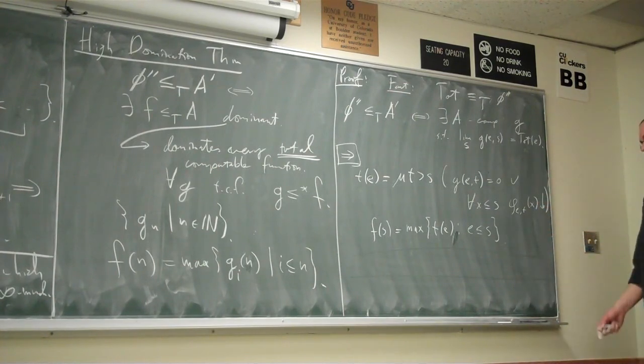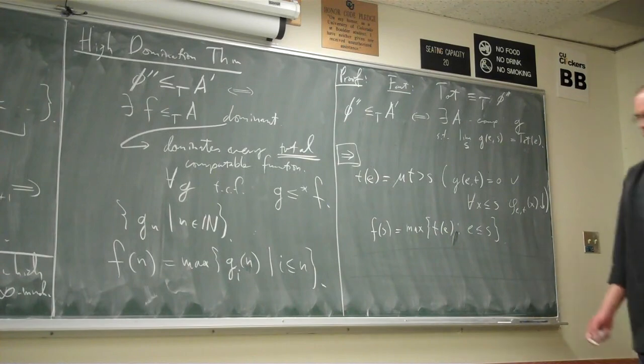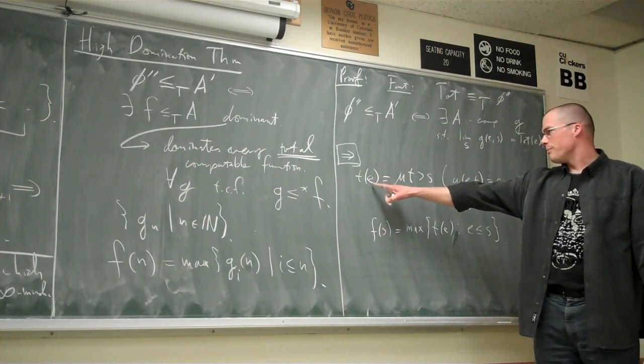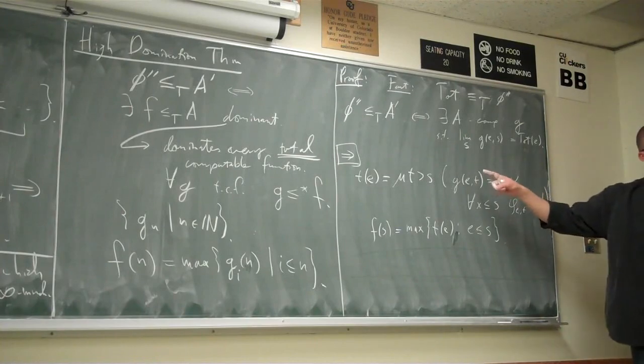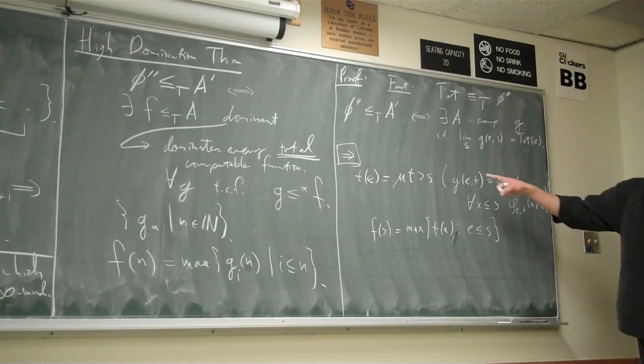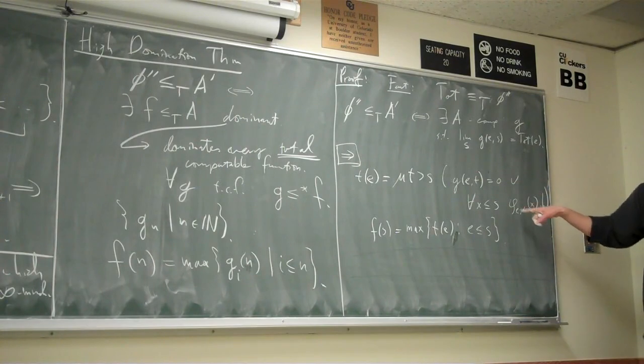Well, we want to see that this function is dominant. What is T of E? Right, T of E, we look here, and we notice that T of E is claiming something about the eth index. What is it claiming?